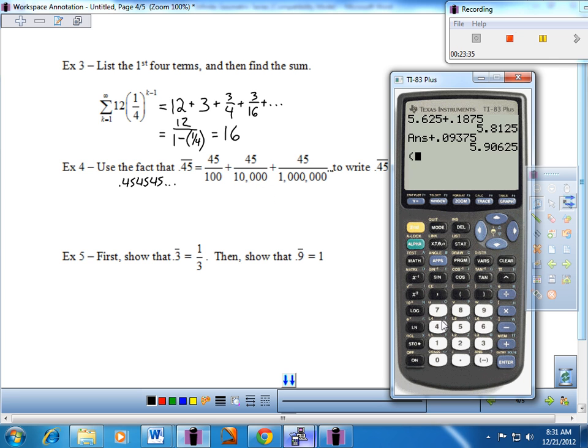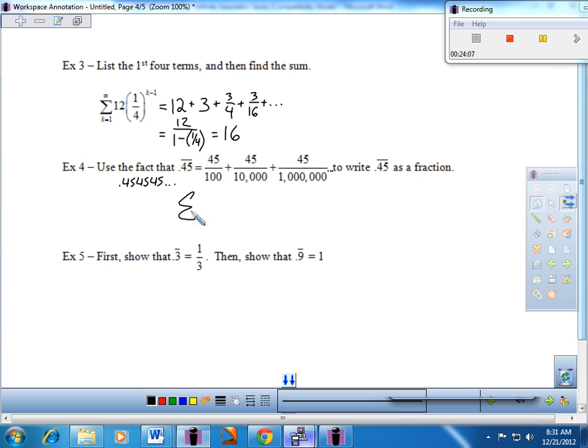So I'm going to do 45 divided by 10,000 and divide that by 45 over 100. In each case here, I end up getting 0.01 or 1/100th. And if I did this divided by that, I also get 1/100th.